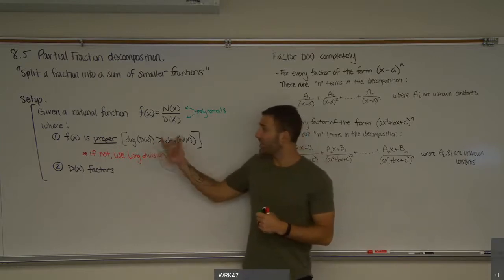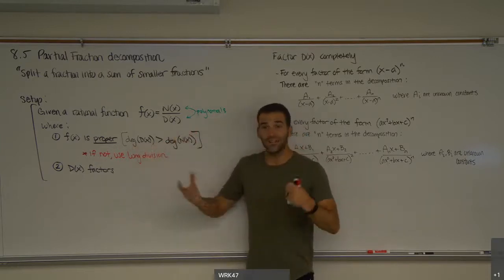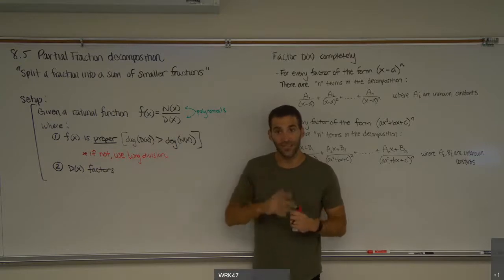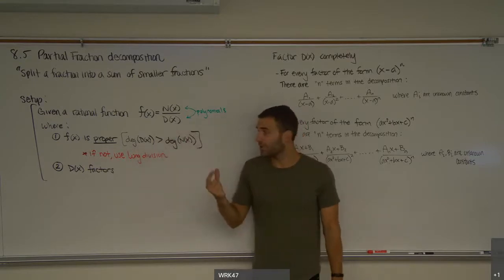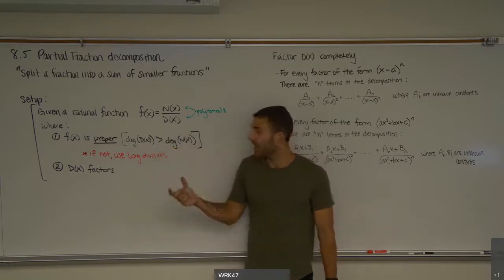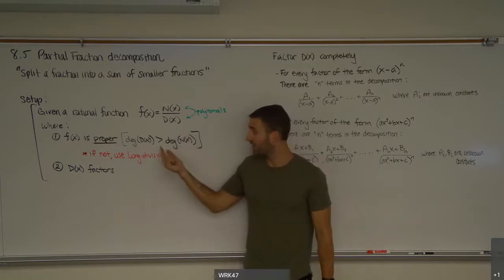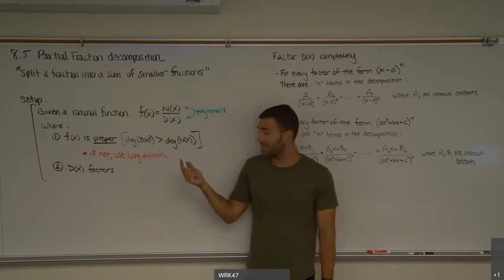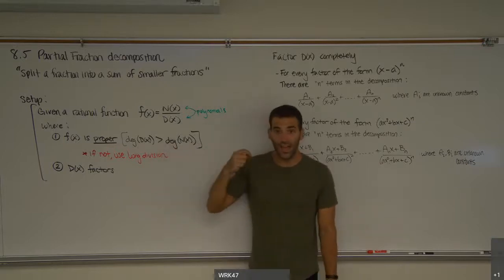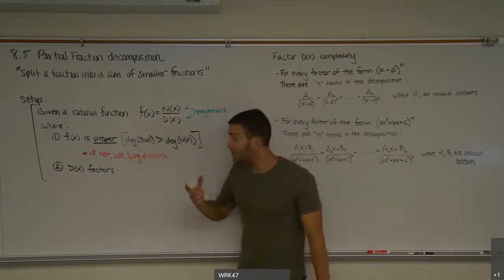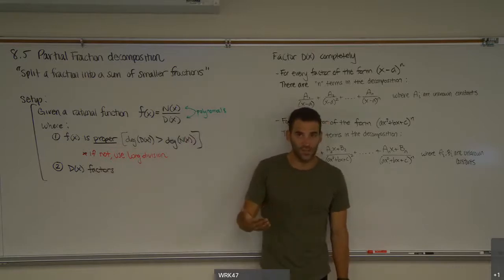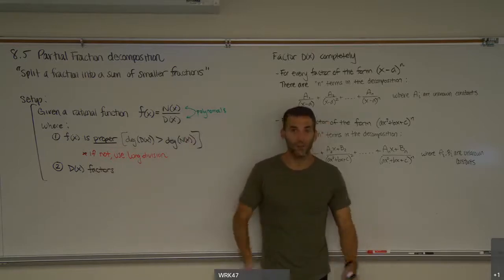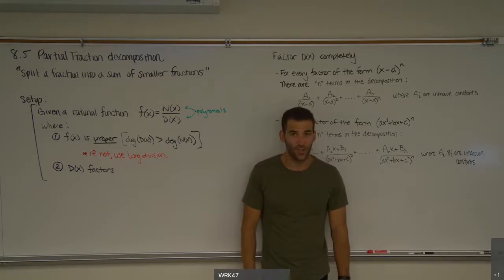These are polynomials, so the degree of the denominator polynomial, the leading power of x, must be strictly larger than the degree of the numerator polynomial. And this inequality is strict, because if they actually were equal, you can actually do long division. So if it's proper, we're in good shape. If it's not proper, we have to go back and remember how to do long division of polynomials from algebra.